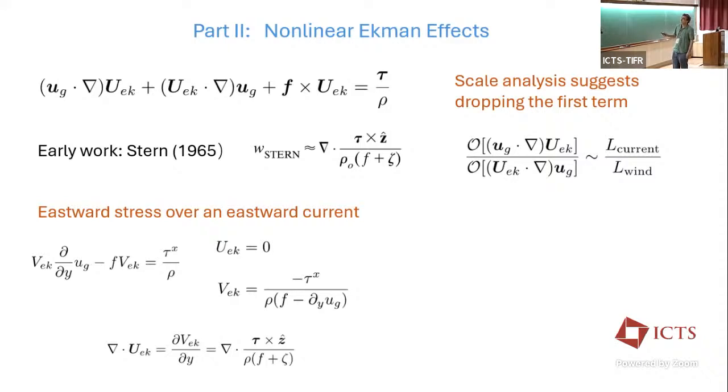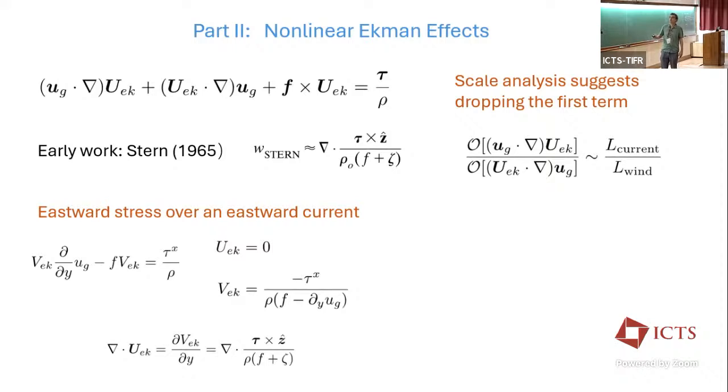One is a scale analysis, where you can look at this term and argue that the first term, u geostrophic dot grad u Ekman, is small compared to u Ekman dot grad u geostrophic. The idea is that even though when I take the curl my wind stress might show all these ocean current structures, the stress itself, and so the Ekman transport itself, is still dominated by my tau base, which is dominated by large-scale winds.